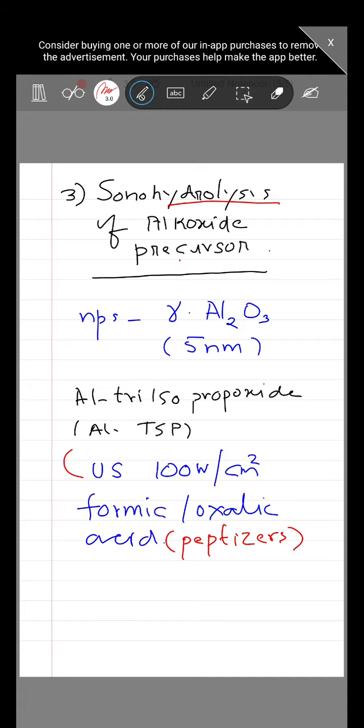And after this ultrasonic treatment, the next step is the calcination.